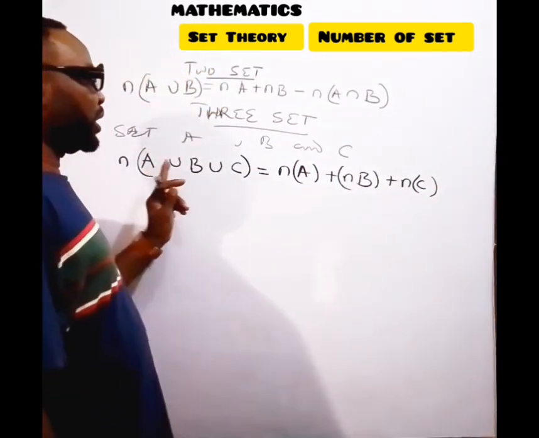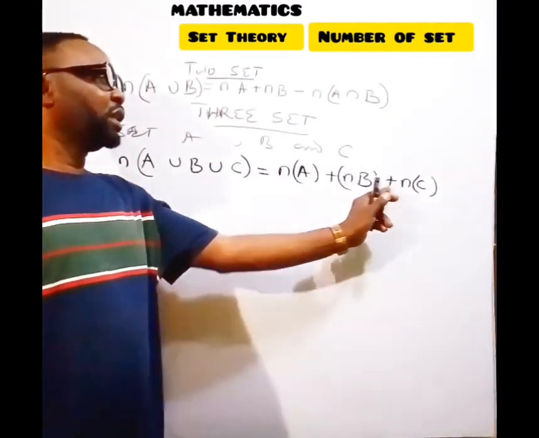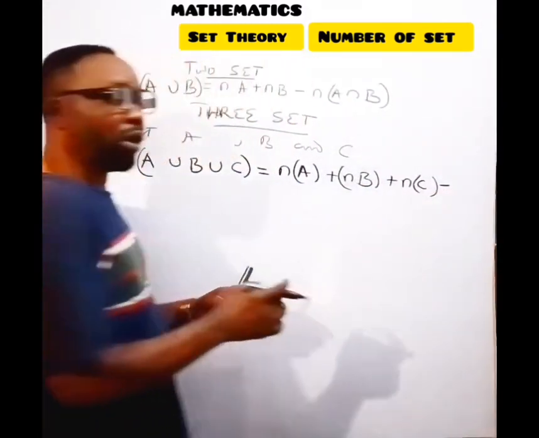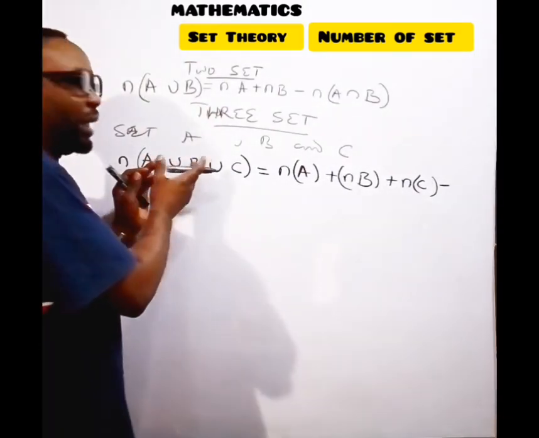You can see you have to take each of them one after the other, write their number and add it together, minus, then you are going to look at the intersection of how they relate with each other.